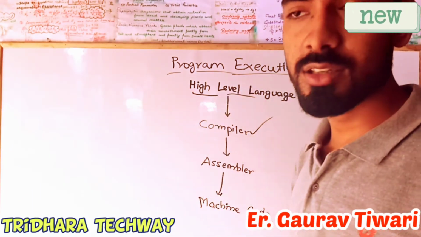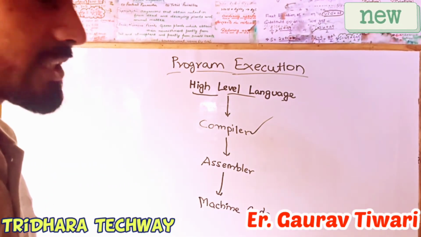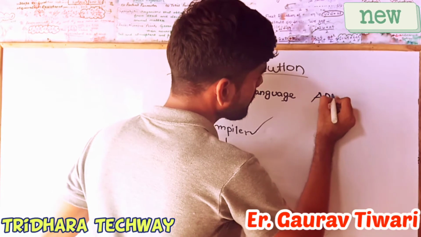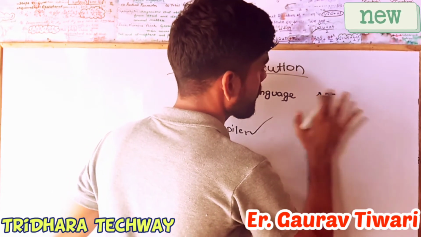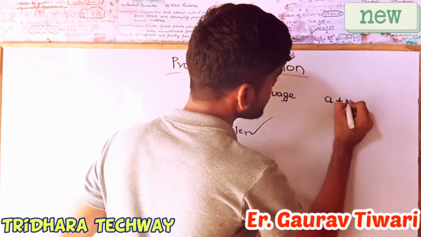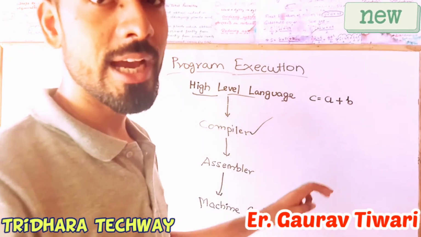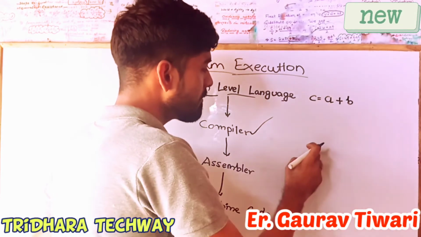Let's understand this flow diagram using some example. Suppose there is a command like add a plus b. Suppose this is a statement in high level language: c = a + b.